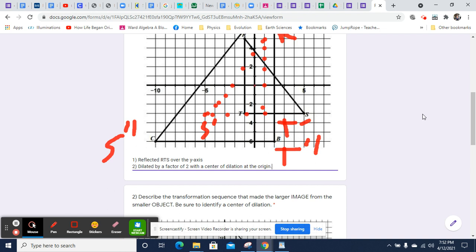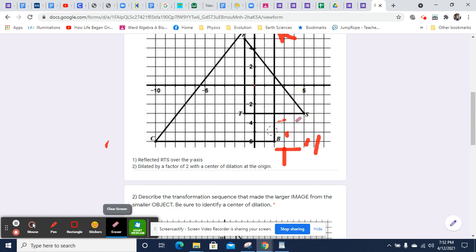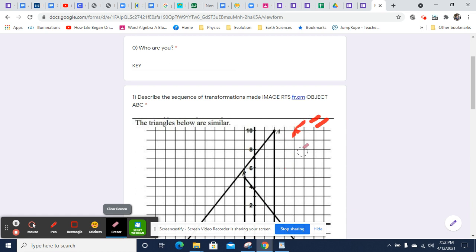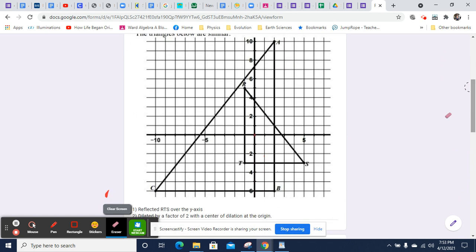Okay, we could have instead dilated first and then reflected, just to be clear that that is a possibility. We could have done it that way, and we would have ended up with the same result. So erase all this. We could have first dilated RTS. We would have ended up with this. This one I think will be off the page a little bit.